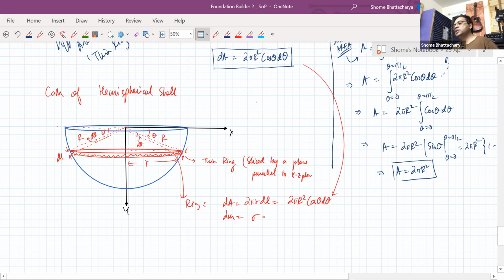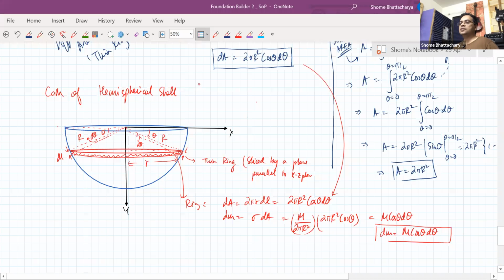Its mass will be sigma dA. Now sigma, we had seen earlier, was the total mass of the hemisphere divided by its surface area, which was 2 pi R square. So its mass dm is becoming something very simple actually. It is just M cos theta d theta. Because d theta is a very small angle, the mass is also very small. So dm is M cos theta d theta.